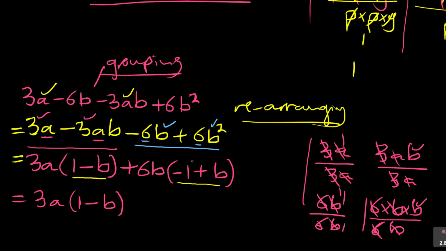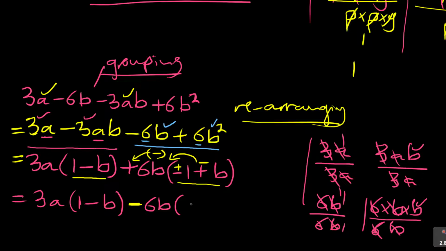So what you do is you take out a negative sign. When you take out a negative, it will affect that positive so that it becomes a minus. So that you'll have minus 6b bracket. Now you interchange. When you took out a negative, the negative becomes positive, the positive becomes negative.